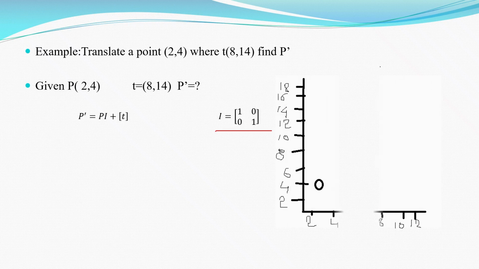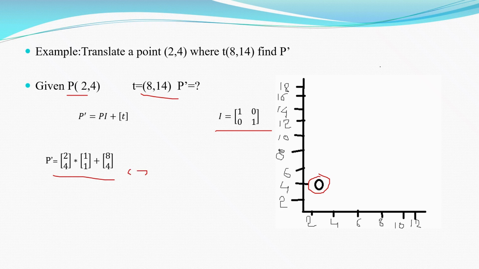First, according to the given data, you have to place the object. Now we have to find exactly where P dash occurs. P is given as 2 4. You multiply it with the identity matrix, that is 1 0, 0 1, and add the translation, that is 8 comma 14. You write all the matrices in 2 by 2 form, which is your 2D matrix.